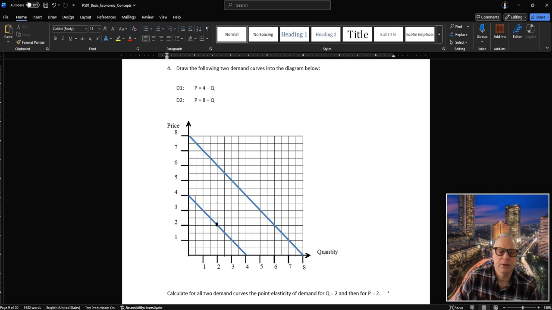So basically we have to calculate it at those 3 points. Okay, now actually let's call them A, B, and C. Okay, so at A, slope negative 1, so 1 over the slope, 1 over negative 1 is negative 1, times 6 over 2, that's negative 3.